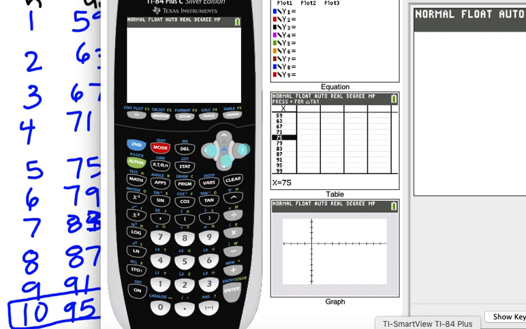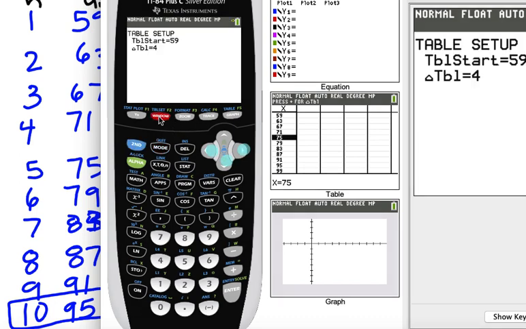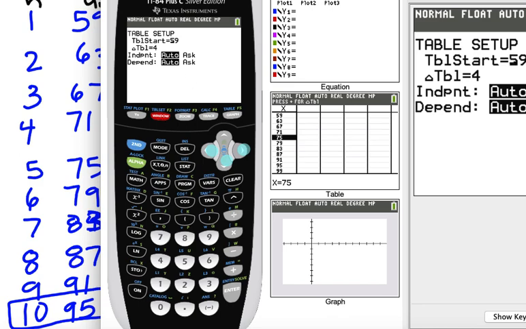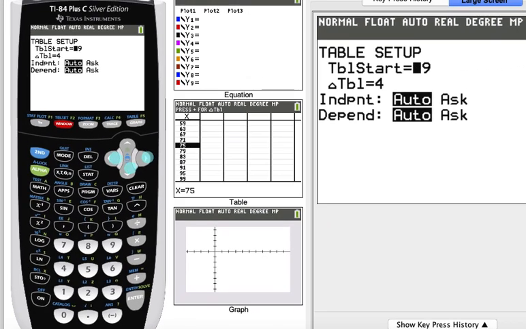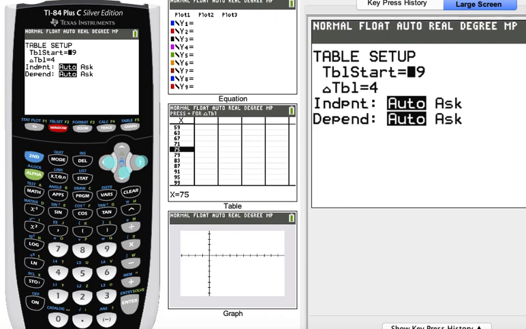So remember how we talked about clicking that blue second and then the window button, which is table set. Hopefully what you see is this weird thing here that says TBL start. What it's asking for is the first value.